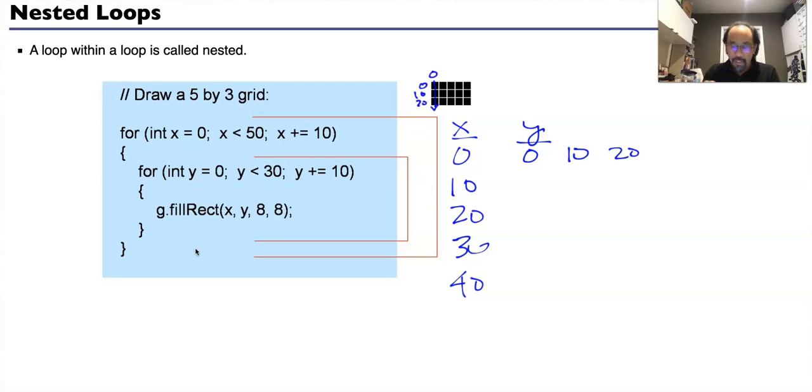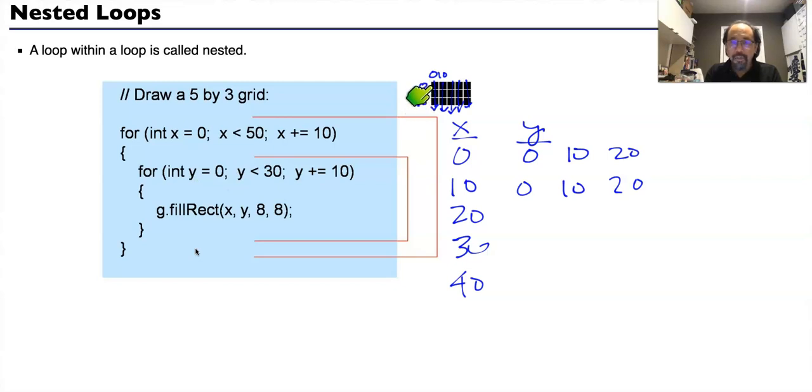Then x gets bumped up to 10, and then we draw these squares, and we loop again in the inner loop. Eventually we do all of these squares here. So the outer loop is, you could say, the horizontal piece, and this inner loop is the vertical piece in the y direction.